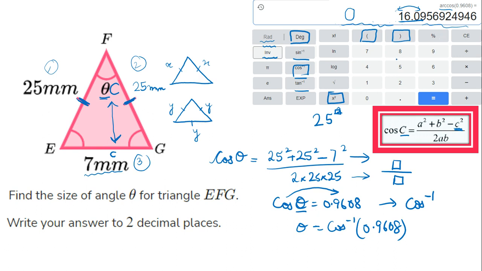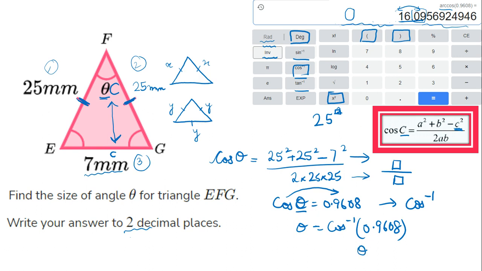If you do the same thing on your physical calculator, you won't have this INV sign, but you just click shift and press cos, so you automatically get cos inverse. So my answer is 16.095 and so on. It says answer in two decimal places, so I have to round at the second decimal place. The second decimal place is a 9, and if I round up the 9, it becomes a 10.